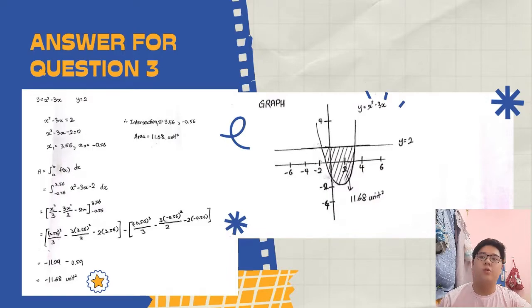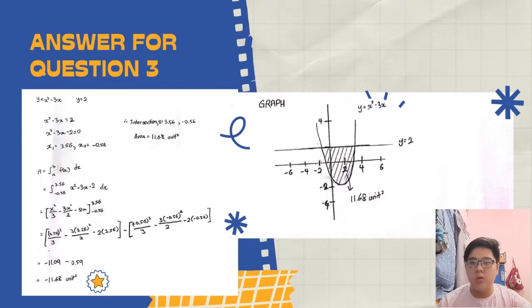So we integrate the equation inside. The x squared will become x cubed over 3. The 3x will be 3x squared over 2, and lastly the 2 will be 2x. After that we fill in x with 3.56 and negative 0.56.